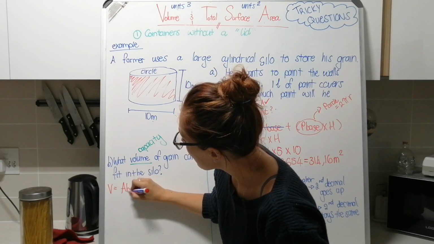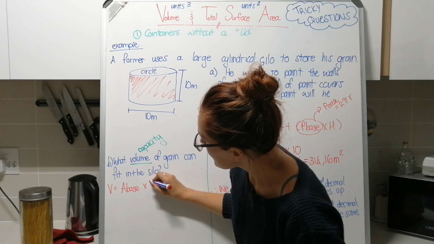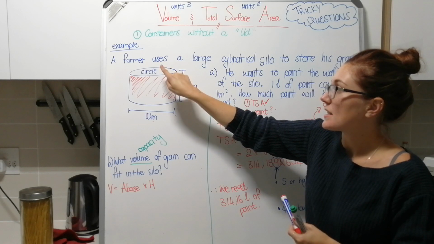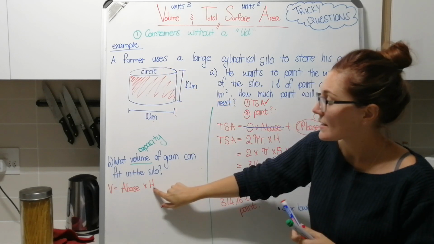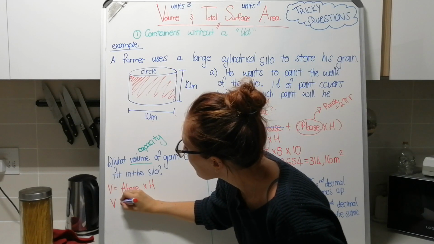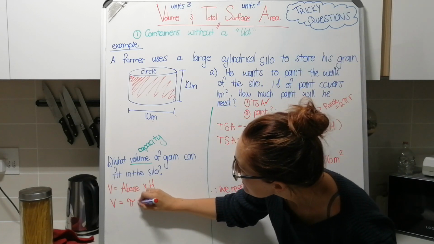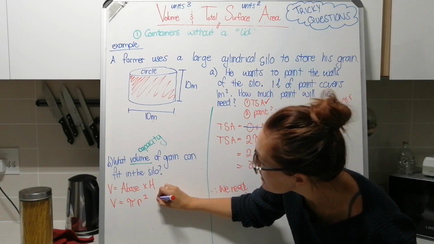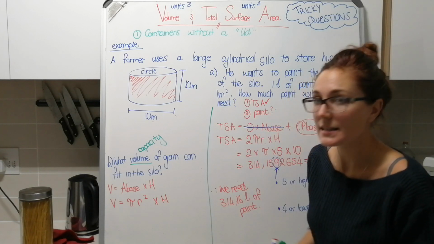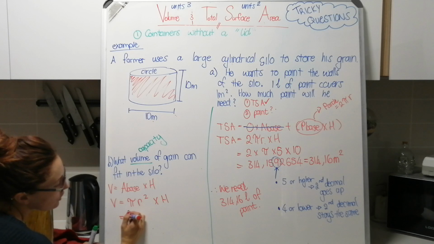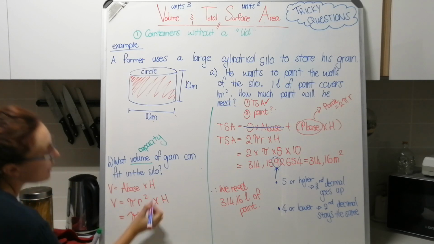Volume equals area of base times height. Our base, we've already identified our base is a circle. So when we expand this formula, we do it for a circle. The area of a circle is pi times radius squared, and then we must times that by height. Okay, so when we sub in here, volume is equal to pi times our radius.